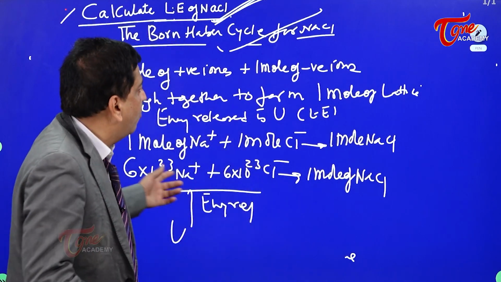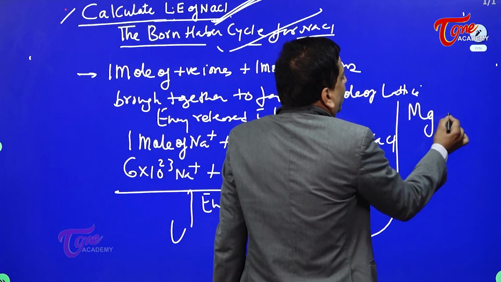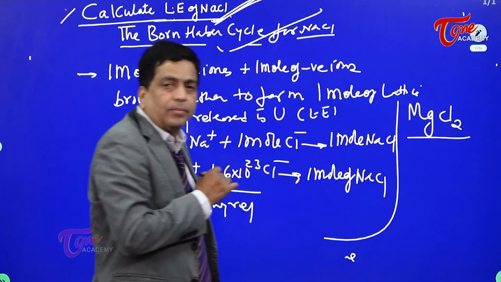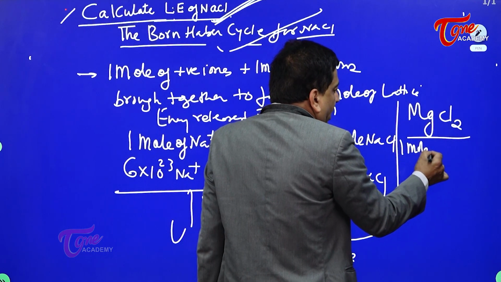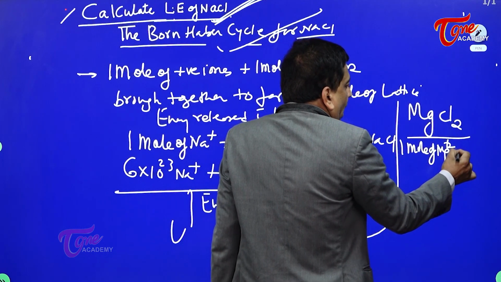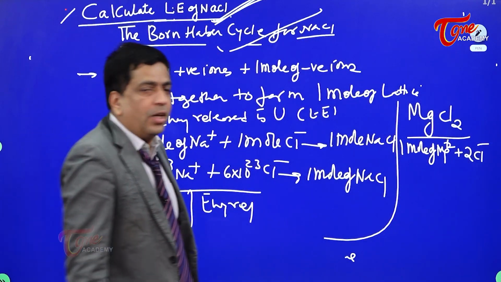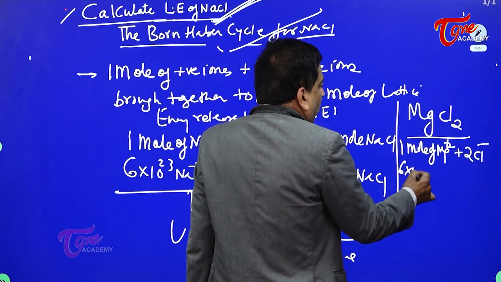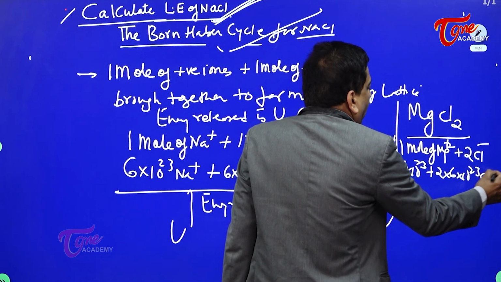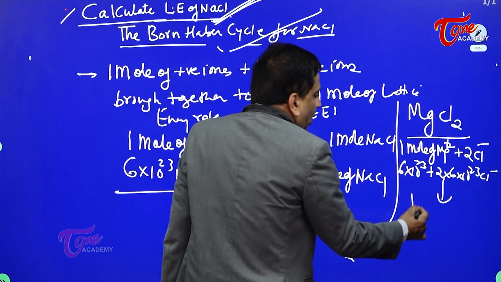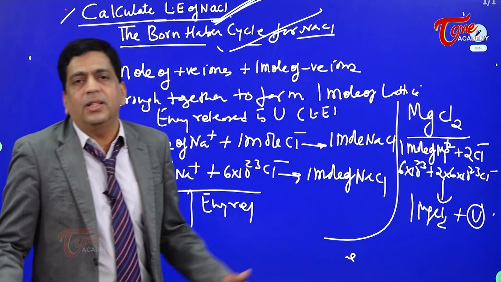If you wanted to apply for something else, suppose you wanted to know the lattice energy of MgCl2, then it's a mole of magnesium ions and 2 moles of chloride ions, that is 6 into 10 power 23 plus 2 into 6 into 10 power 23 chloride ions combining, giving you a mole of MgCl2, then the energy released is U. That's nothing but the lattice energy.